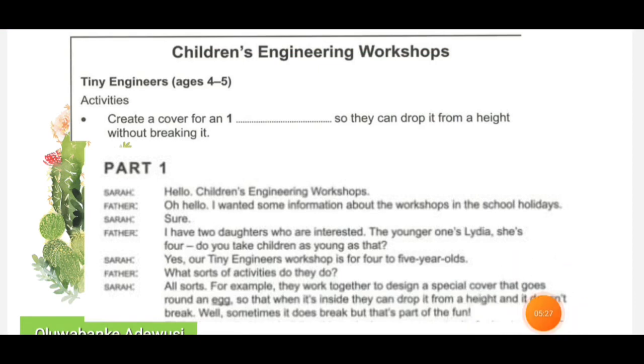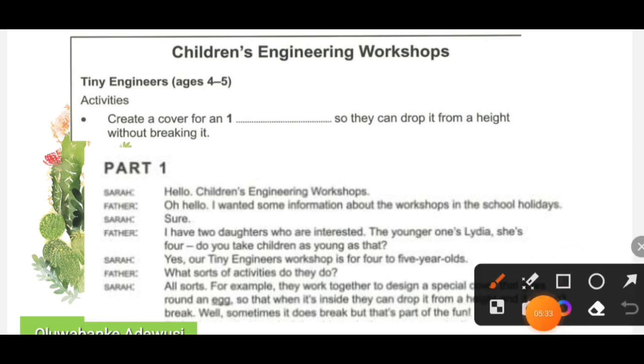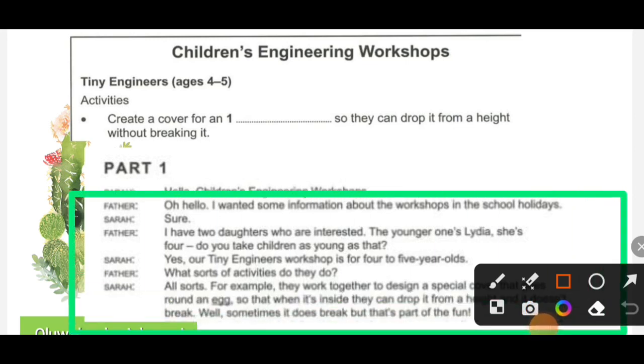So this portion is the audio script. Yeah, that's where the audio script is. So you also hear create a cover for an dash. When you look at the audio script, you will hear tiny engineers somewhere here.